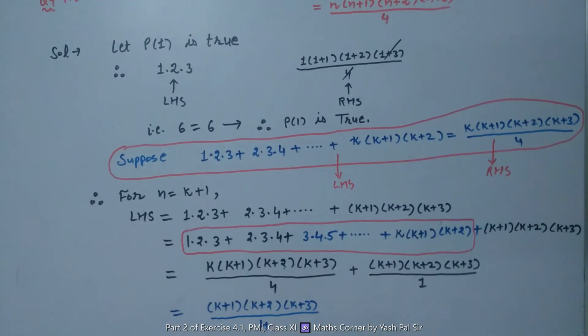So inside the bracket only k is left in the first term, and in the second term the 4 is multiplied. So this is equal to (k plus 1)(k plus 2)(k plus 3)(k plus 4) whole divided by 4.